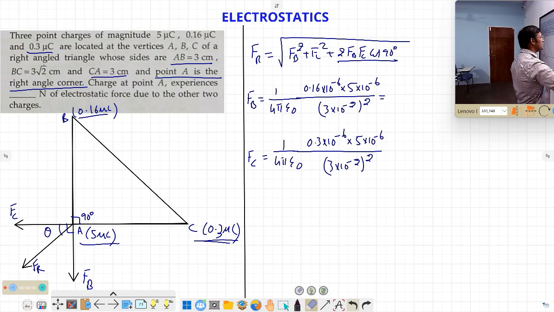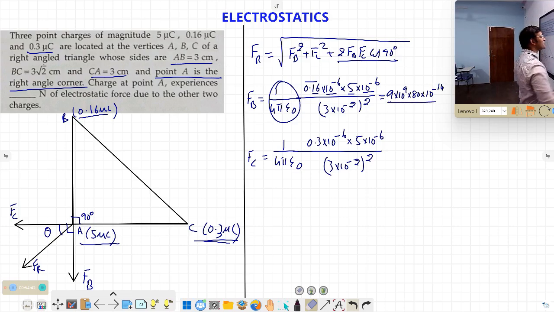First, this value: 1 by 4 pi epsilon naught is nothing but 9 into 10 power 9. The remaining, 16 fives are 80 into 10 power minus 8, because of 2 places after the decimal, and 10 power minus 8 minus 6 gives 10 power minus 14.